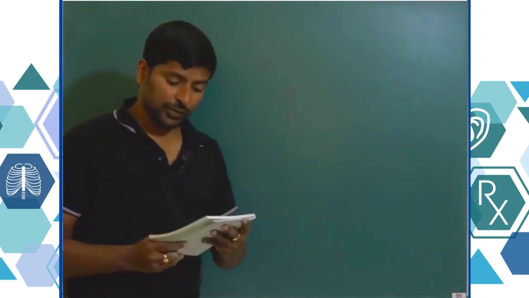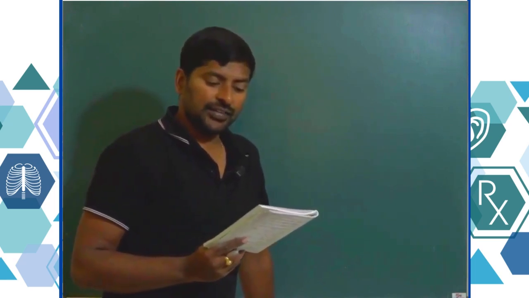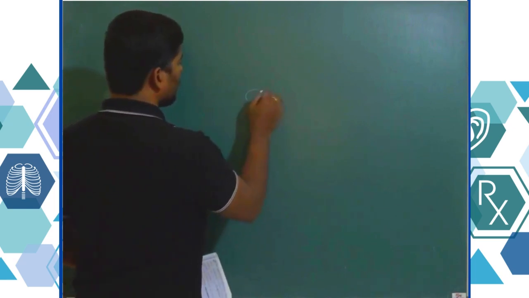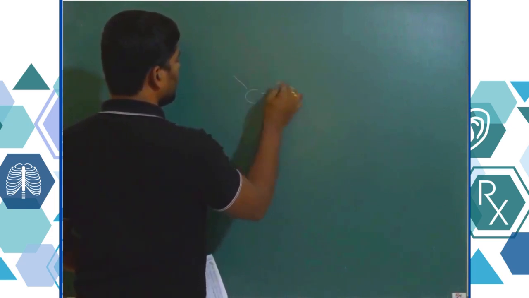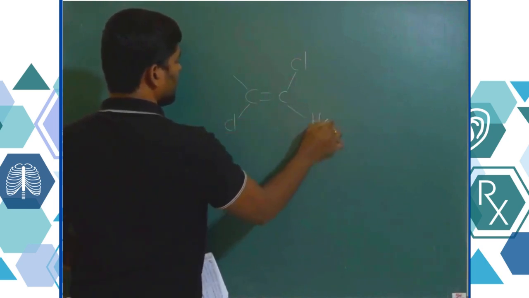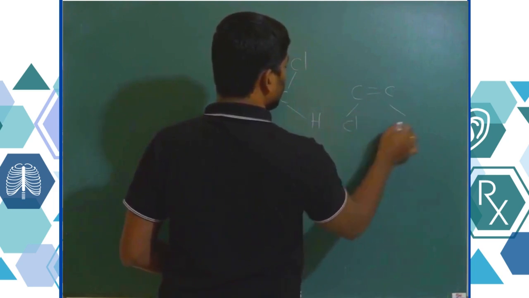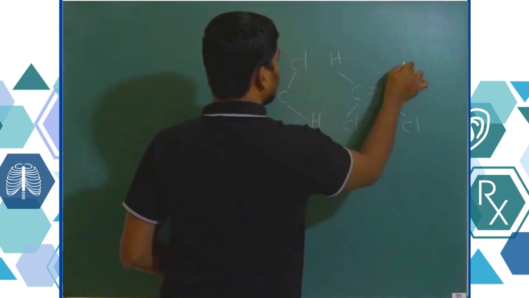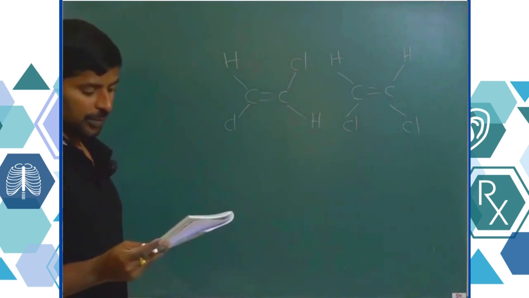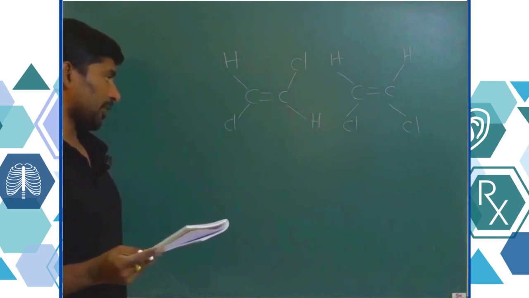By using which spectroscopic technique can we distinguish trans 1,2-dichloroethylene and cis 1,2-dichloroethylene? That is the question given. How can we differentiate? Options given: microwave spectroscopy, UV visible spectroscopy, X-ray photoelectron spectroscopy, and gamma ray spectroscopy.